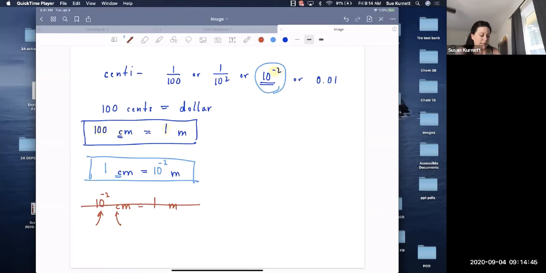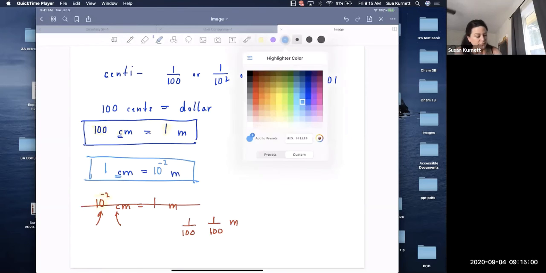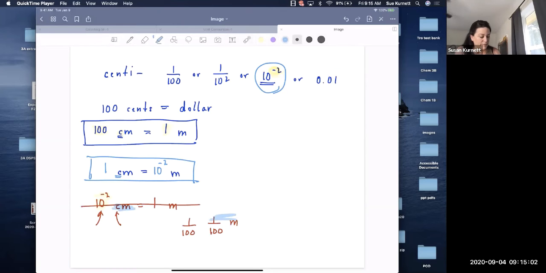When I do that, I'm saying 100th, that's this part here, of 100th meter, as this part here, equals 1 meter. And that really doesn't make any sense. 100th meter equals a meter? No. Okay, are there any questions?